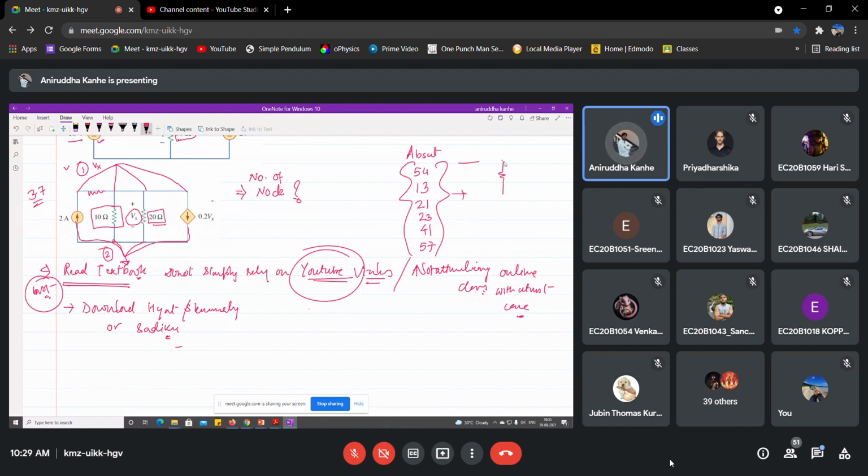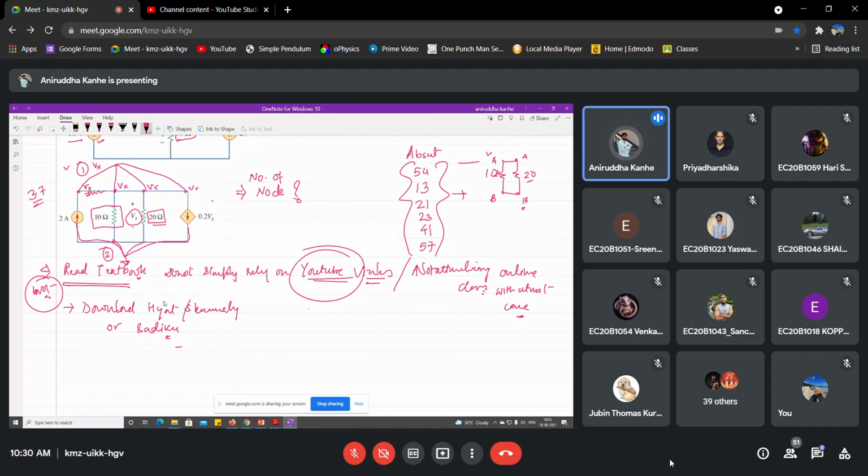Because they are both connected in parallel. So the potential difference at point A for 20 ohm will be the same as the potential difference with respect to B for 10 ohm also, right? They are simply connected to the same nodes. Hence, I can write the voltage at this point is Vx, this point is Vx, this point is Vx, because all are the same point. Because this is a single node.